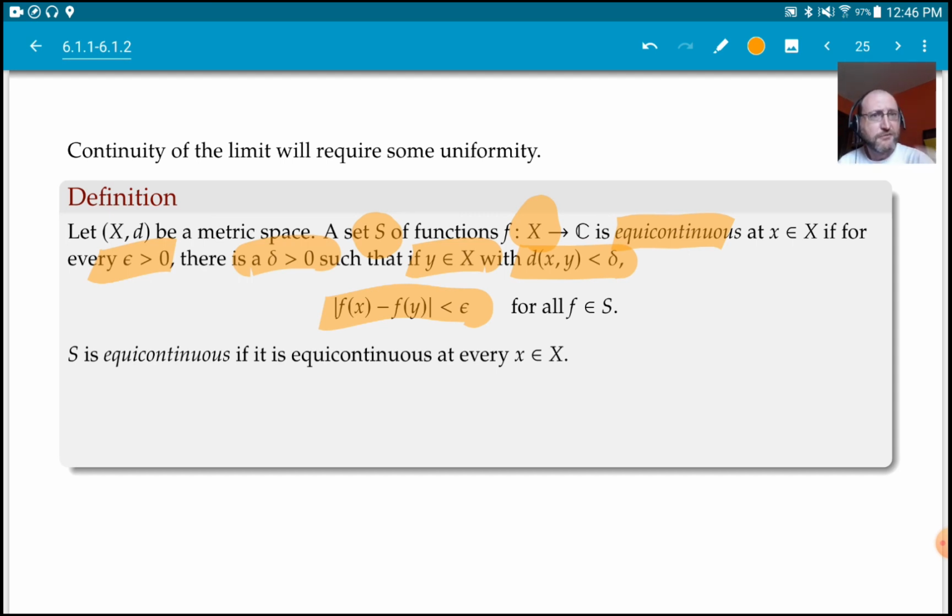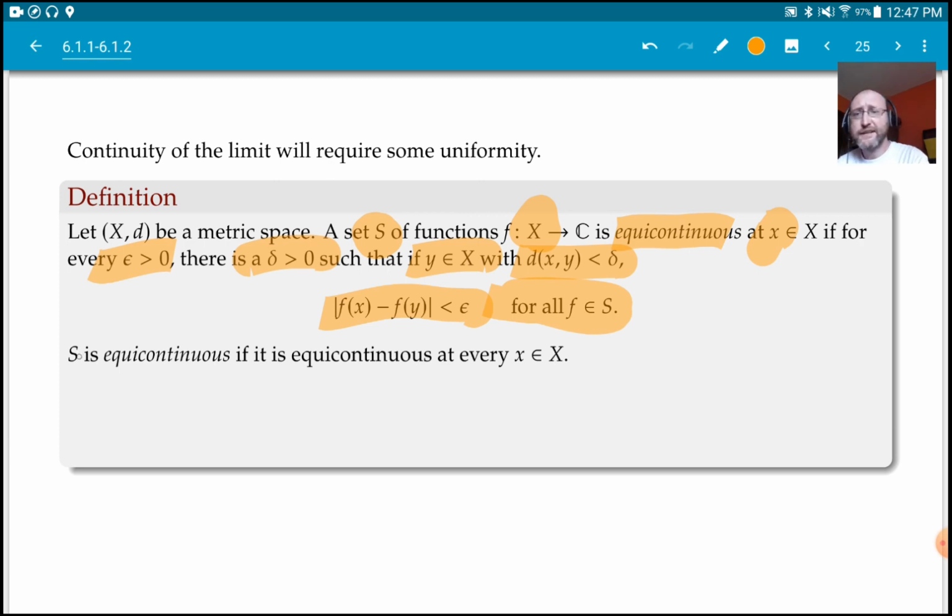But now the difference is, for all f in S. So given epsilon, you're supposed to get one delta that doesn't depend on the f. It can depend on the x, that's why it's equicontinuous at a point, but it's not supposed to depend on the f.